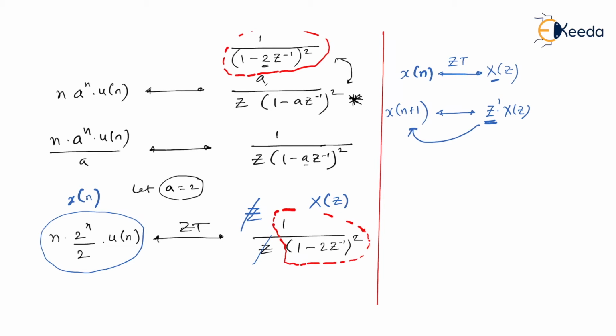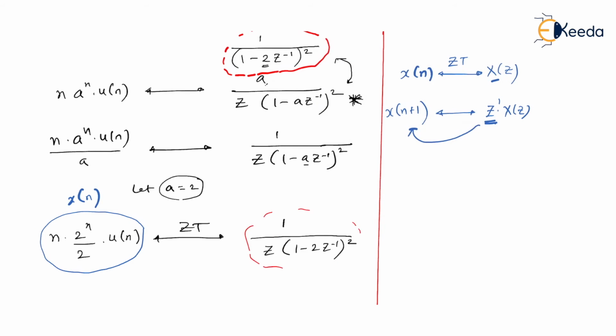Is that right? So let me restore what I had over here. See, this is what we have as x of z. Am I right? This is x of n, this is x of z. So I don't want this z. If I don't want this z, I need to multiply z with x of z, and only then this z and z will get cancelled.